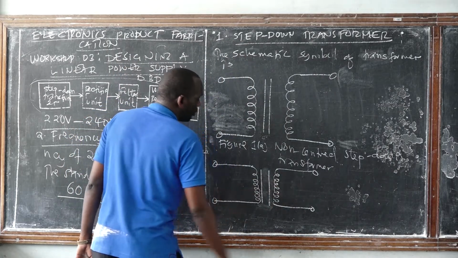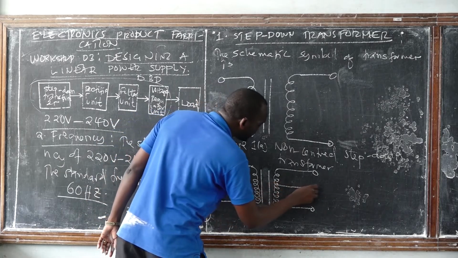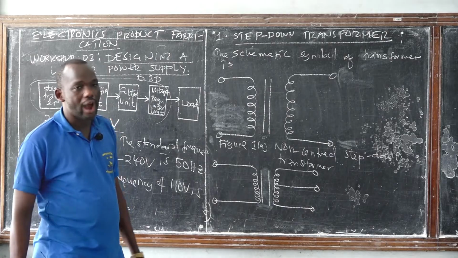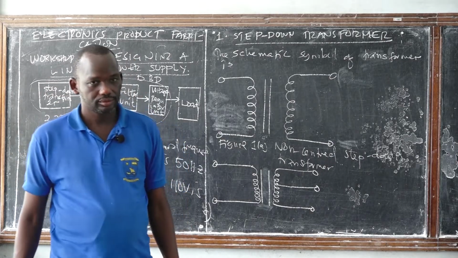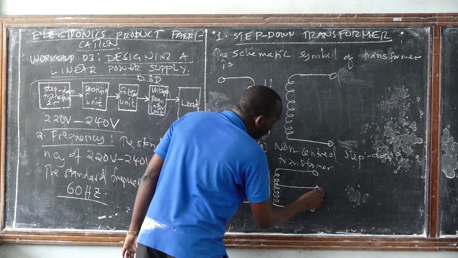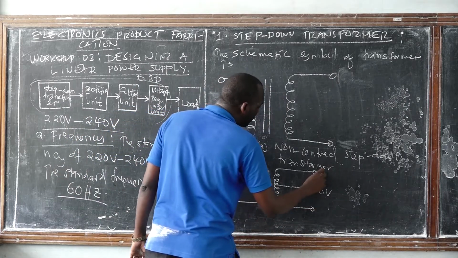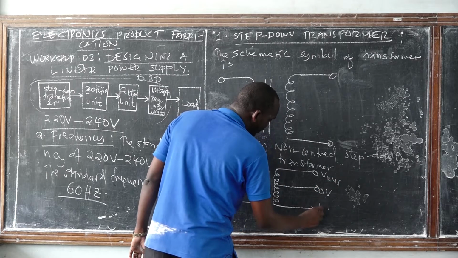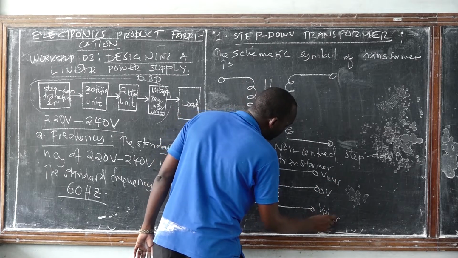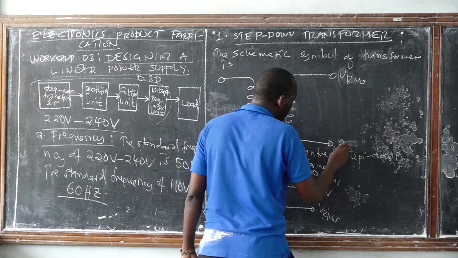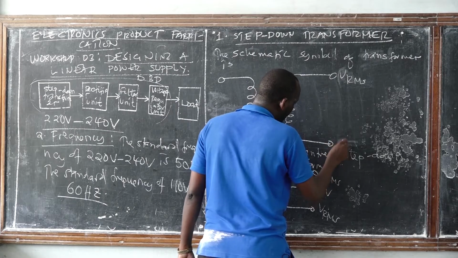With this one, the centered step-down transformer has 2 wires at the output. This one we always call 0 volt. This one we have root mean square 1, and this one we call root mean square 2. This one we can call root mean square voltage, and this one we call 0 volt.